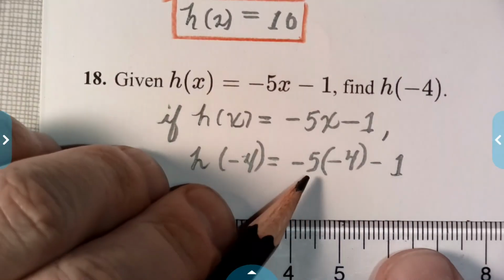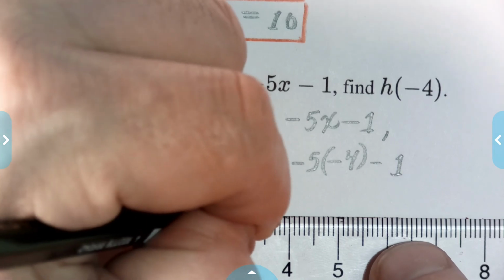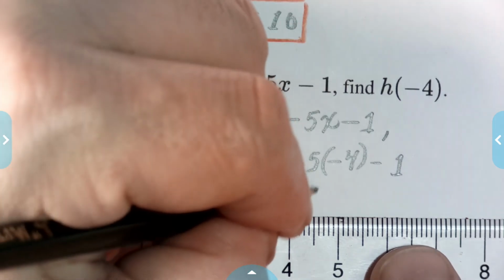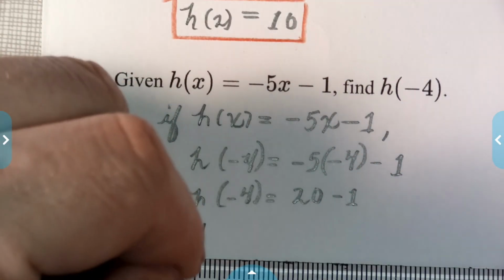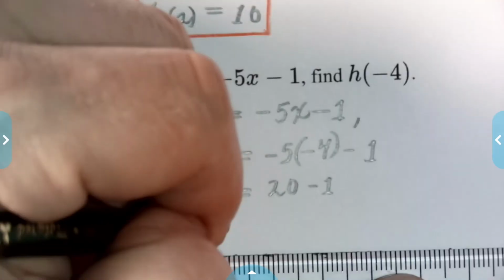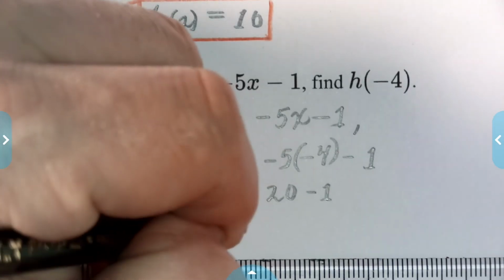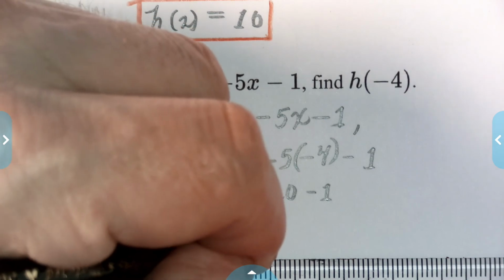Okay, so negative 5 times negative 4 is 20. So h of negative 4 equals 20 minus 1. So h of negative 4 equals 19.